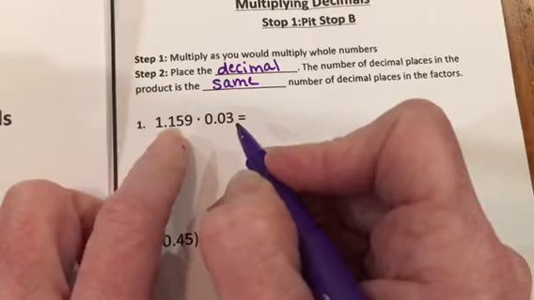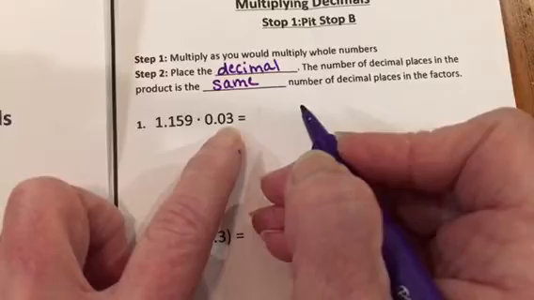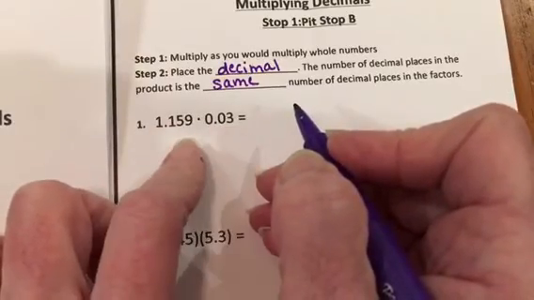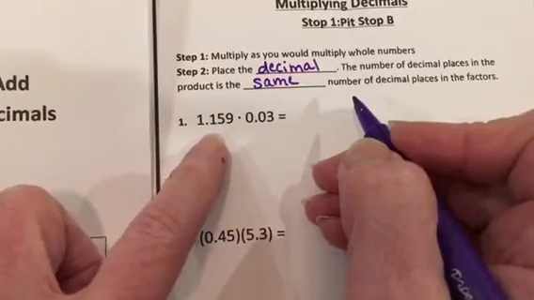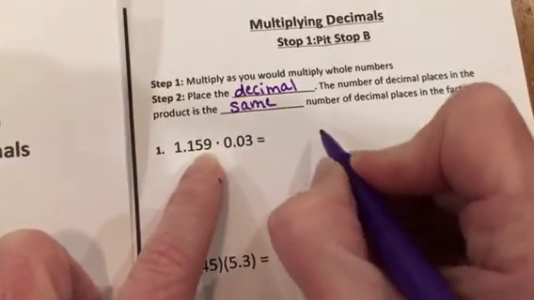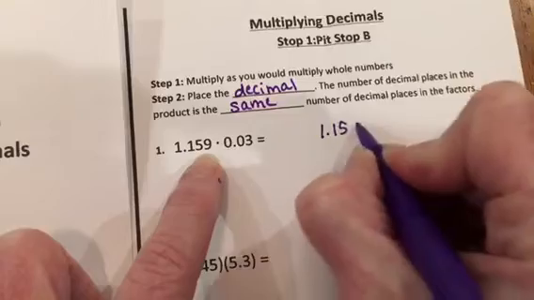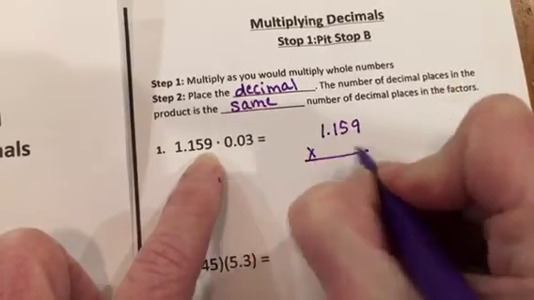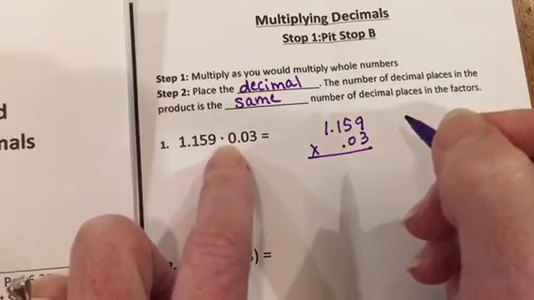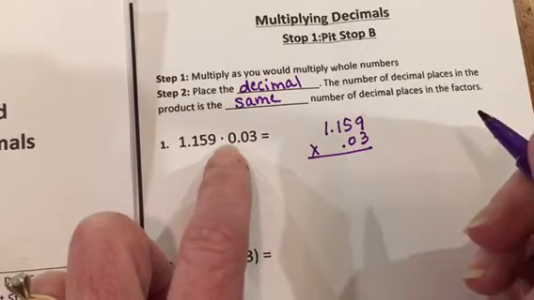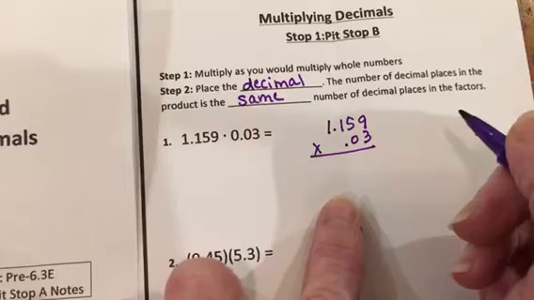So it's okay that this one has 3 decimal places and this just has 2. In adding and subtracting, we'd have to line them up and add zeros, but this is different. So I'm going to put the 1.159 on top and multiply it times 0.03. I left off this 0 at the beginning because it's just a placeholder. It's not going to change how I multiply.